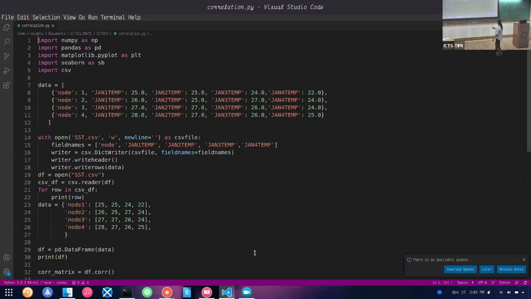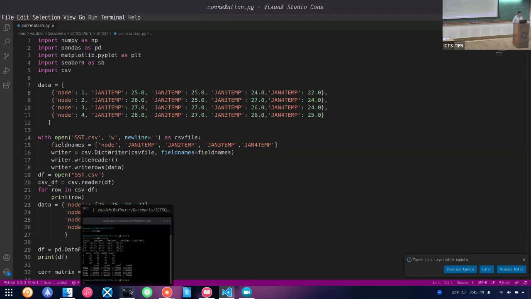You have temperature at certain nodes on Jan 1, 2, 3, 4, and you construct a CSV file, which is an SST CSV. In Python there is an inbuilt command for calculating the correlation matrix. You use that and you get a correlation function.